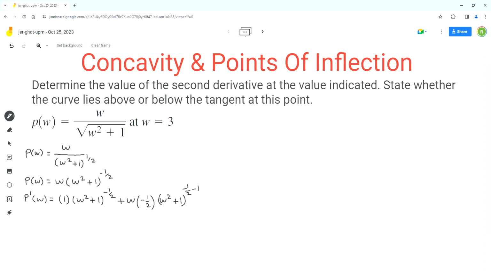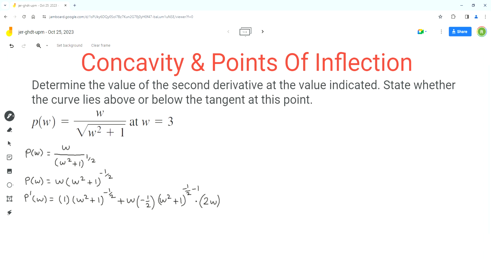And now we multiply by the derivative of the inner function. So the derivative of w squared plus 1 is equal to 2w plus 0, but we can ignore the 0. So this is the expression we get for the first derivative of p at w.